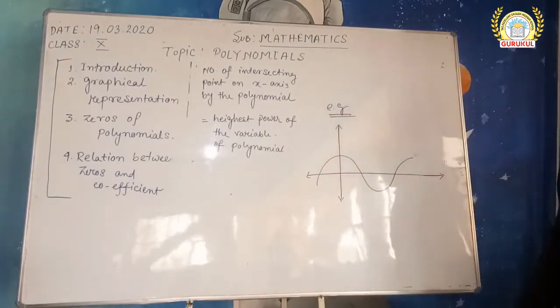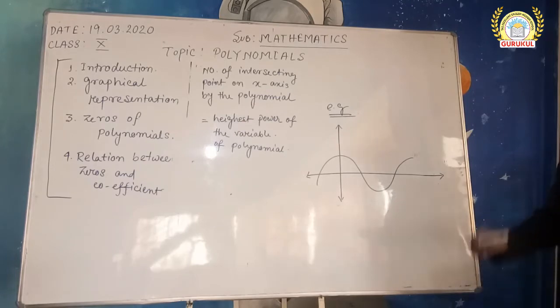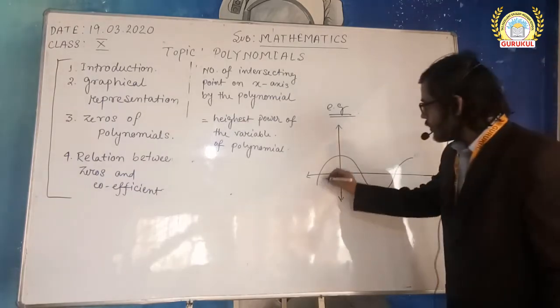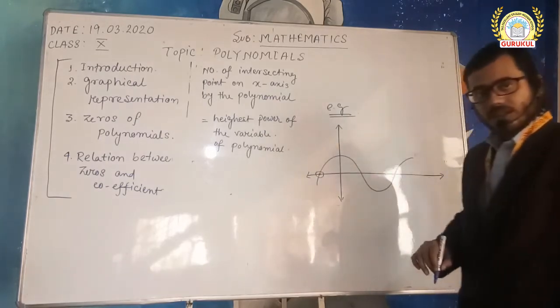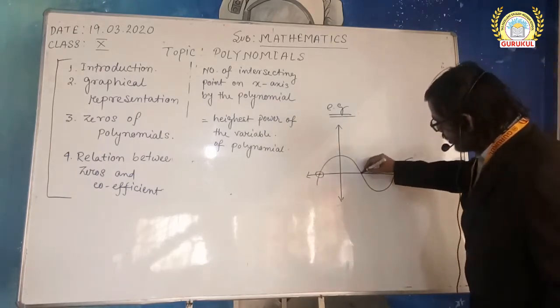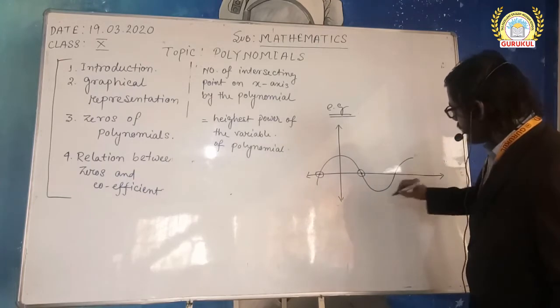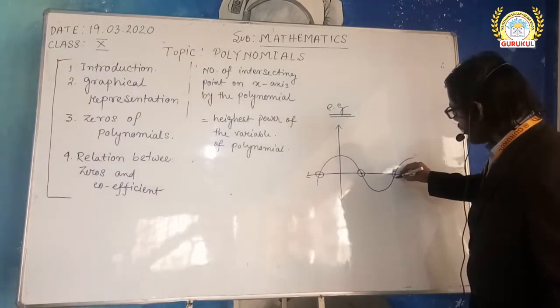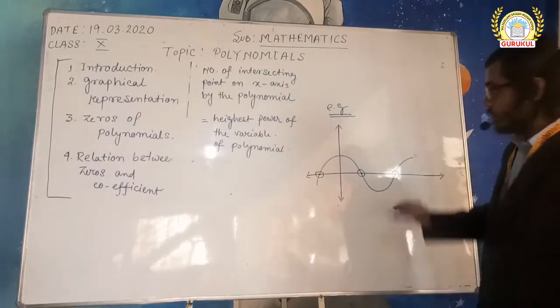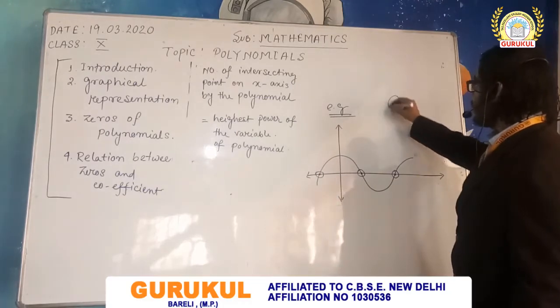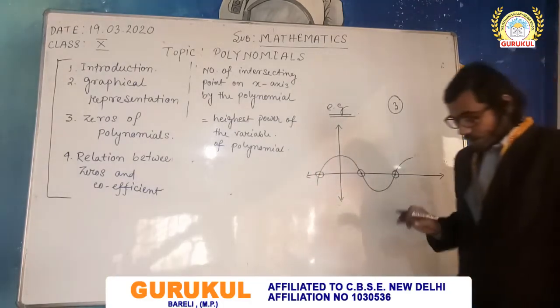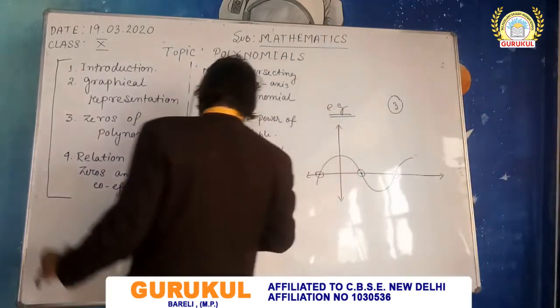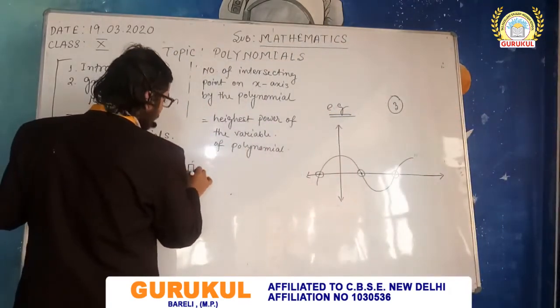For this curve, how many intersecting points are we getting? This is the first intersecting point, this is the second, this is the third. So how many intersecting points are we getting? 3 from this particular figure.